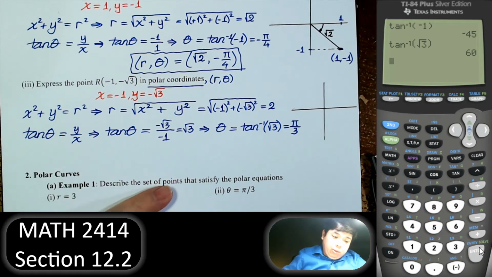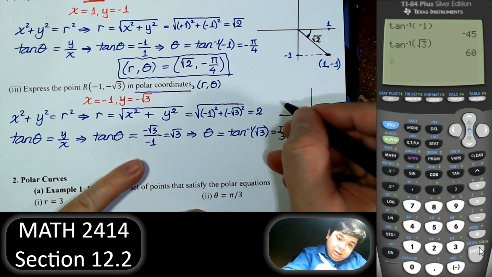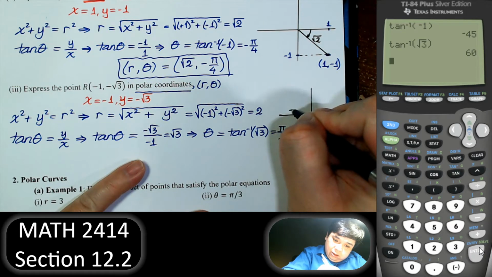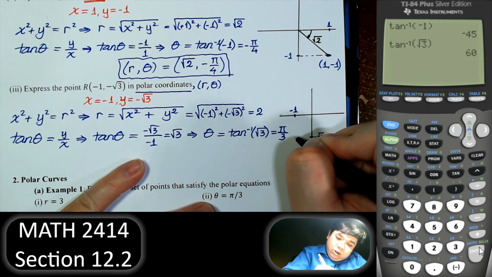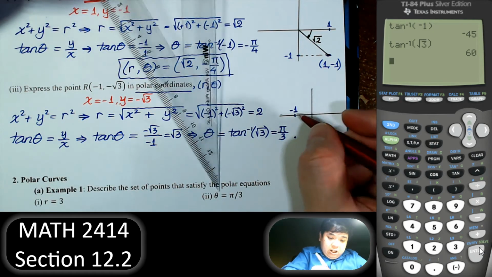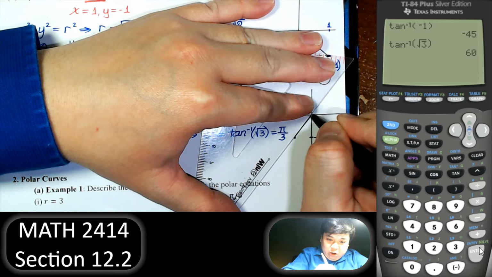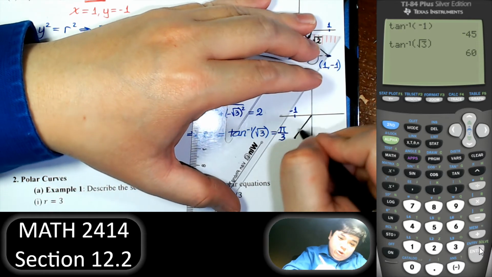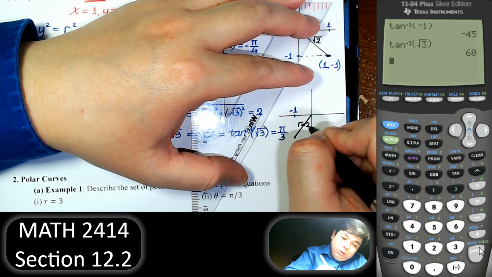Right. We have the point x equal to negative 1, y equal to negative square root of 3. So we're talking about this point here, which the distance actually is 2. So the r is correct, so we don't need to check r. We just need to check the quadrant. r equal to 2, which is good.